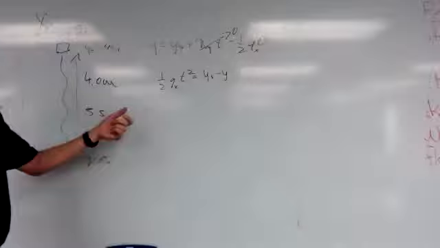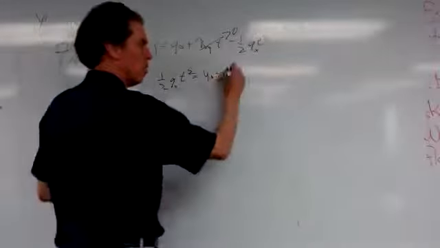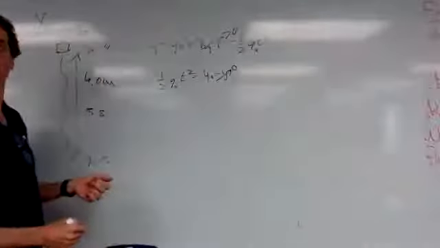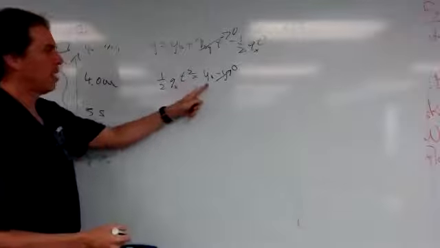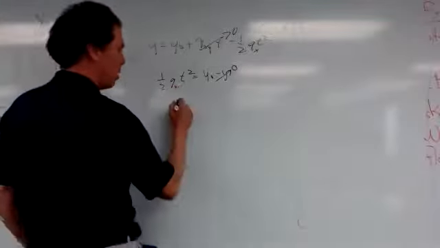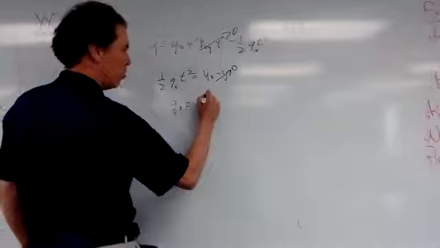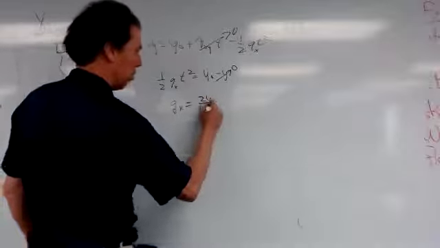This gets rid of my minus signs, right? This guy is 0. We just said that's where it lands, right? And this guy is 4 meters. And so I can solve for g_x. g_x is equal to 2 y0 over t squared.